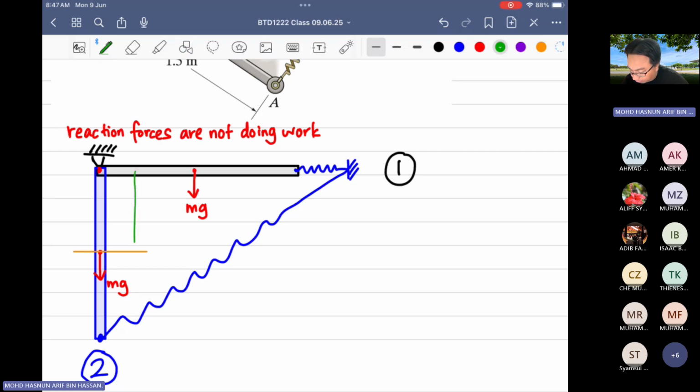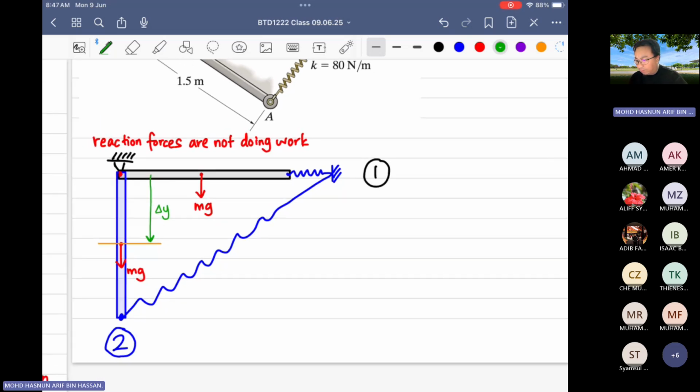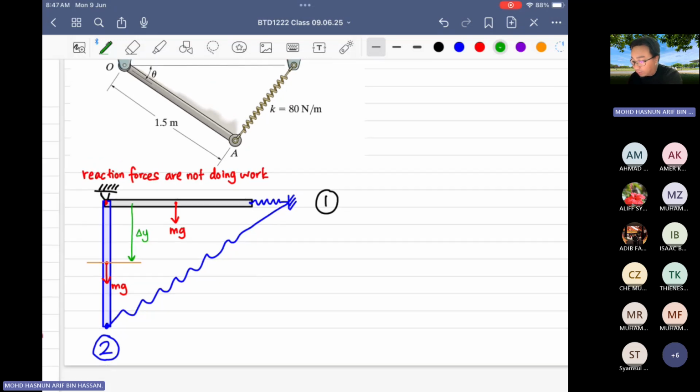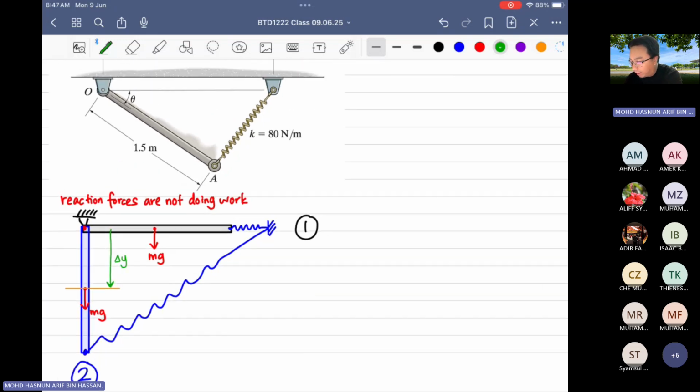The height of the center of gravity is changing. This will be delta y. So that is the first work done that we can calculate.